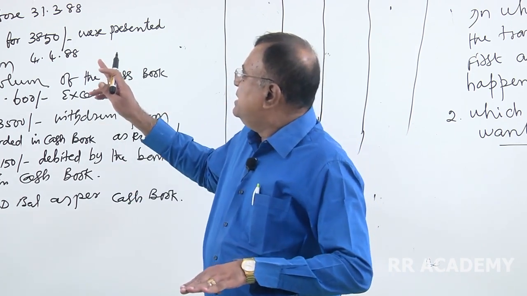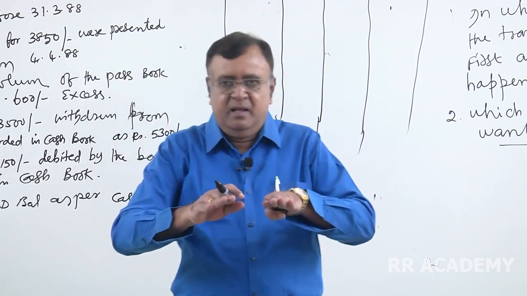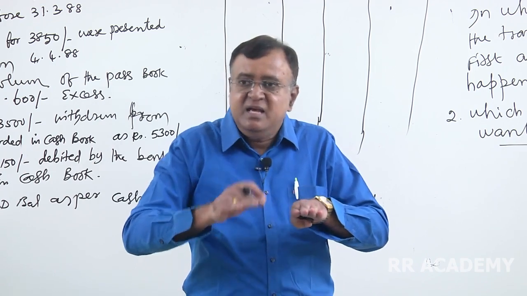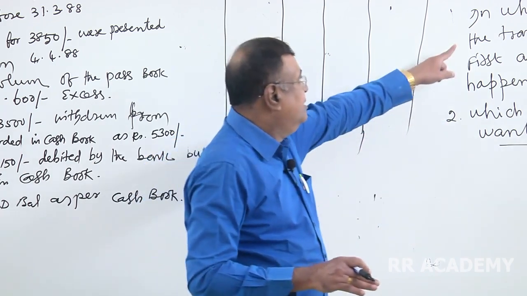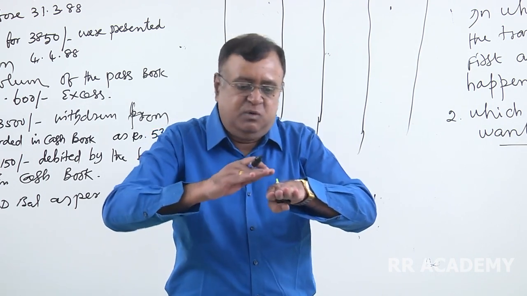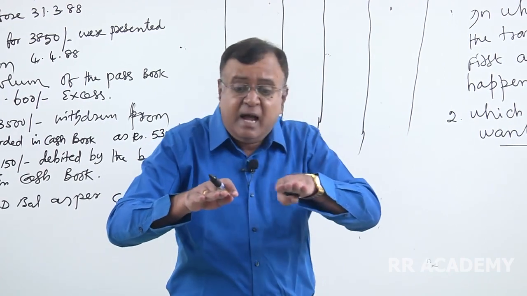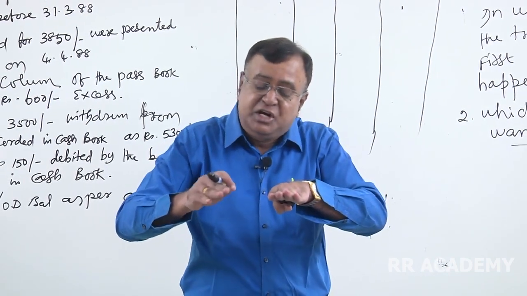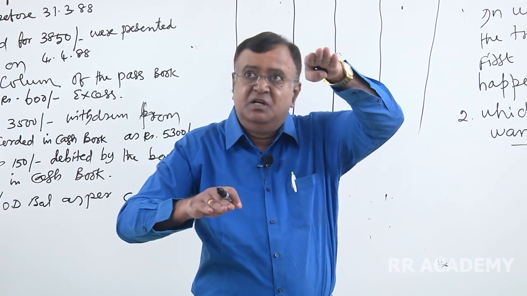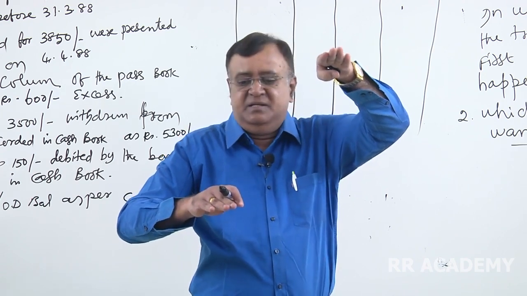First one, checks deposited for 7,500. Now, when a check is deposited, normally proceed. When a check is deposited, in which book does it appear first? Check means cash book. Deposited. And what happened to balance? When a check is deposited, cash book balance increases, because first we will write in cash book only.